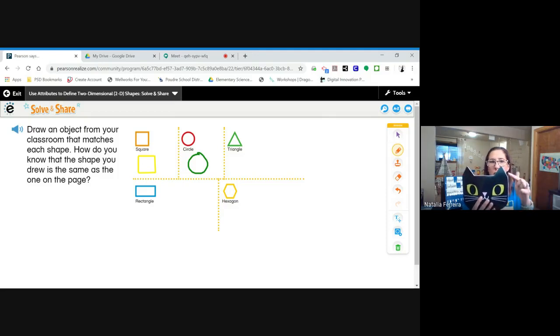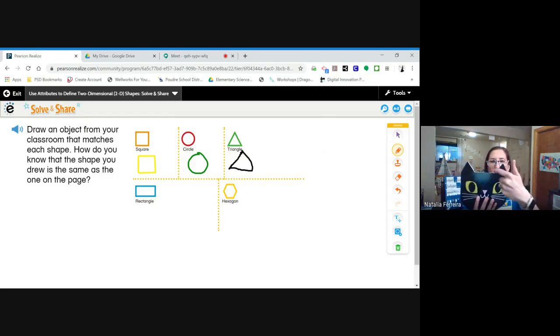Look at its ear. 1, 2, and then if I were to draw a line on the bottom, that would be 3. A triangle has 3 sides, just like my cat ear. Ooh, that was not very good. But 3 sides, 1, 2, 3, or 3 vertices.